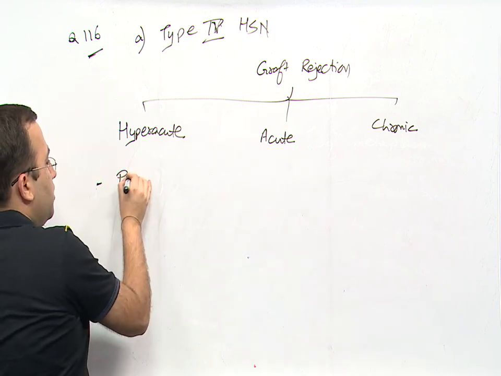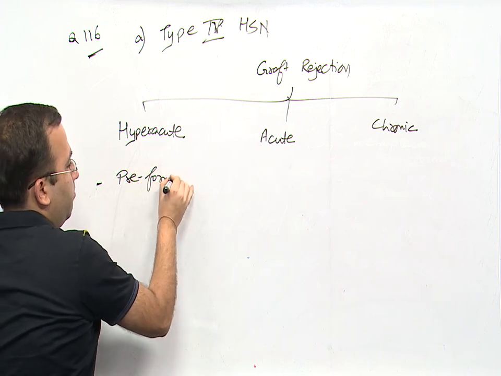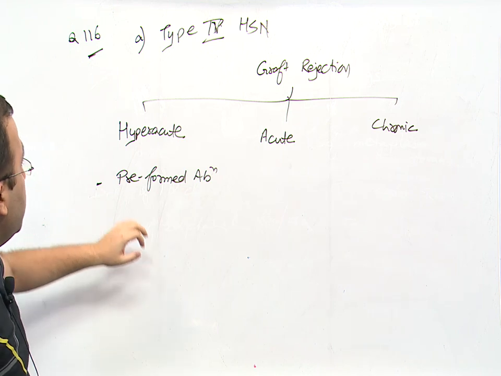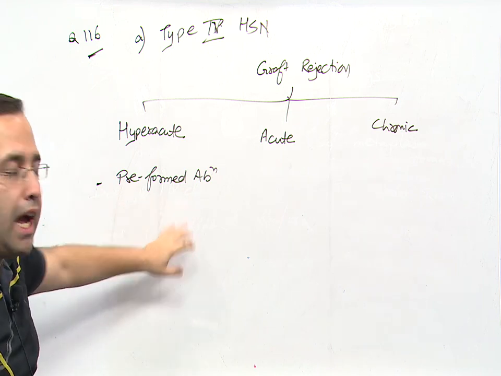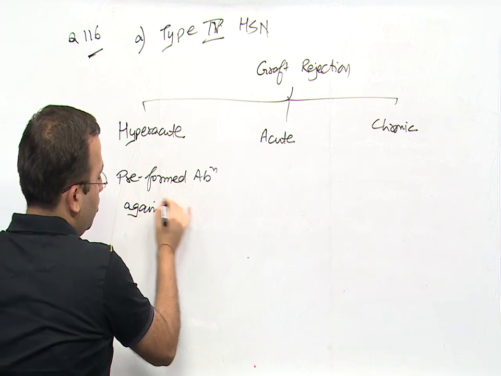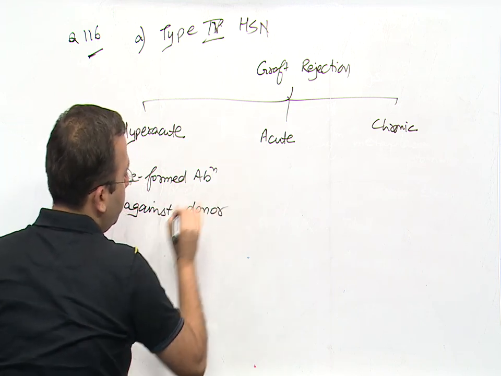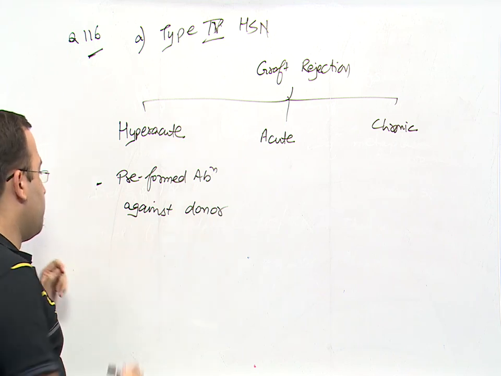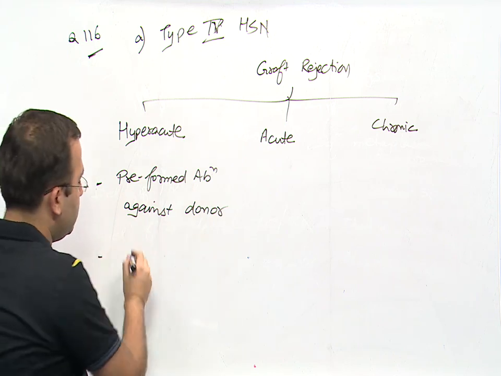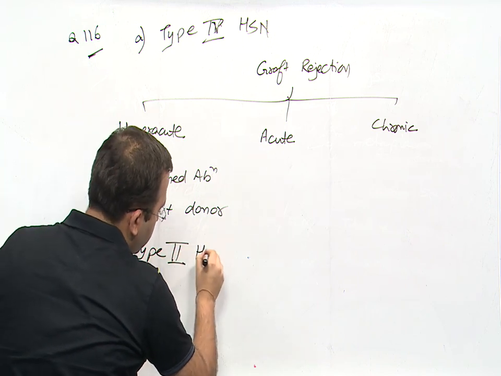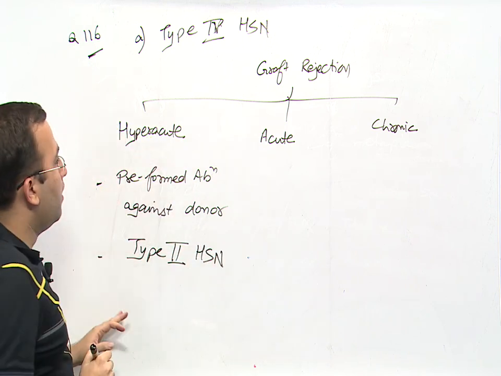Hyperacute graft rejection takes place because of preformed antibodies against the donor. Next point, which type of hypersensitivity is this? This is a type 2 hypersensitivity reaction.